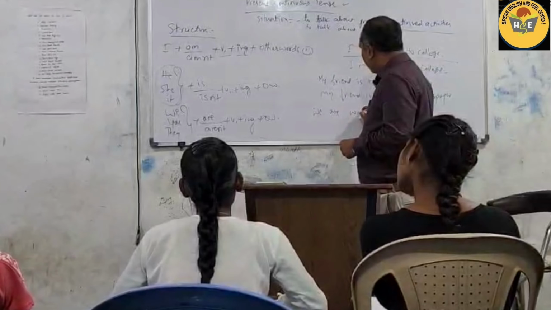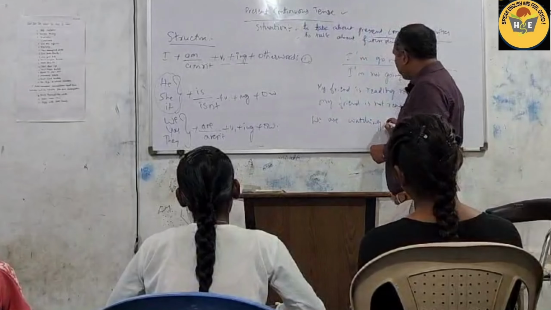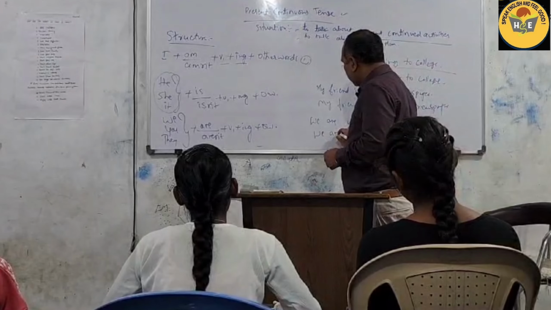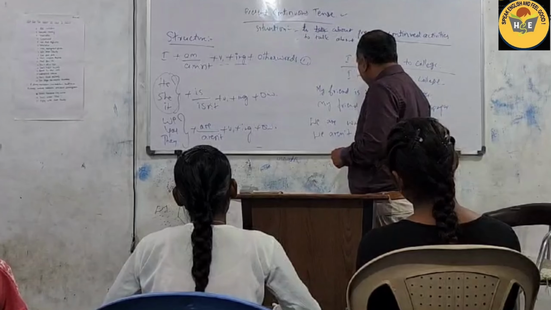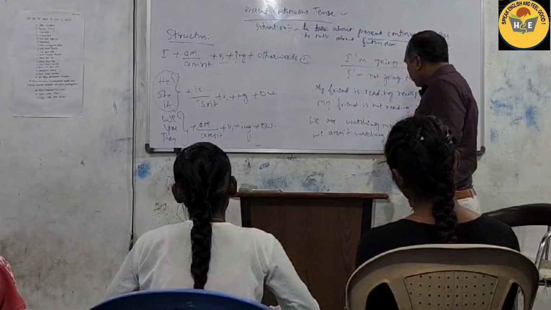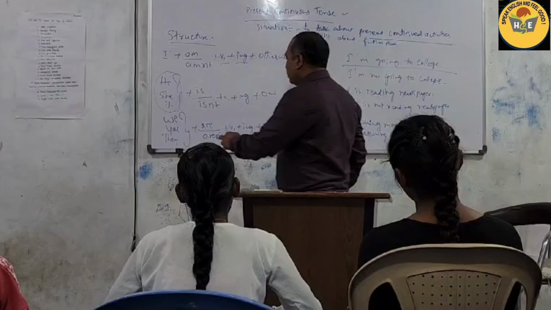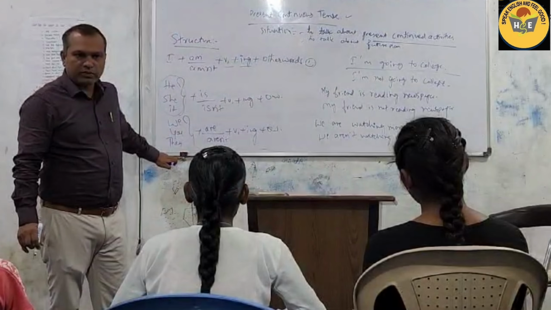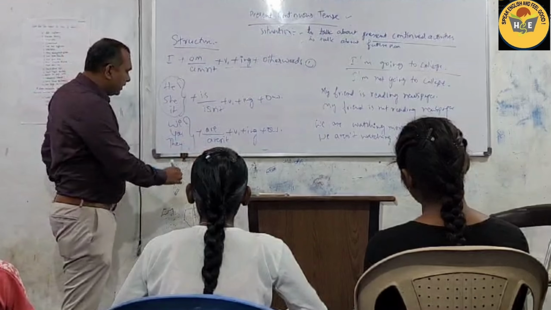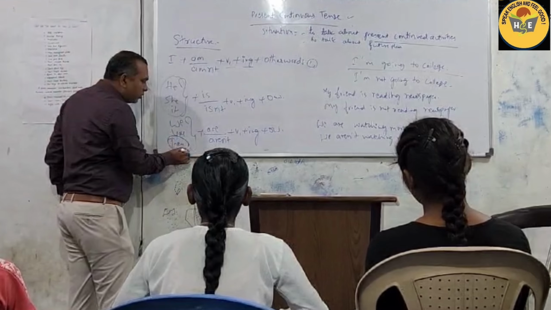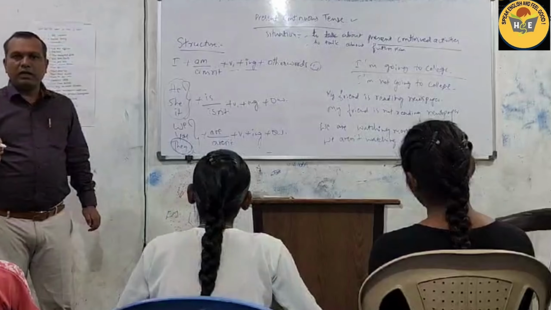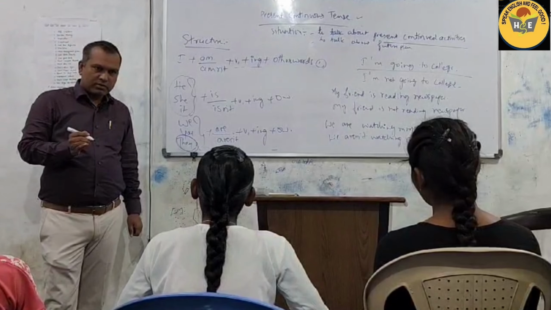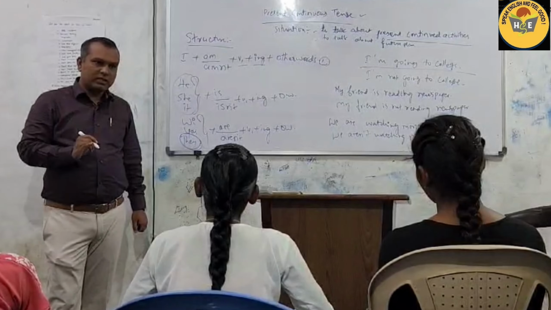Now, when we take third person plural, we are watching movie. Negative sentence, we are not watching movie. You are watching movie. You are not watching movie. They are watching movie. They are not. They is used for third person plural words, for example children, people, staff members, brothers, sisters.